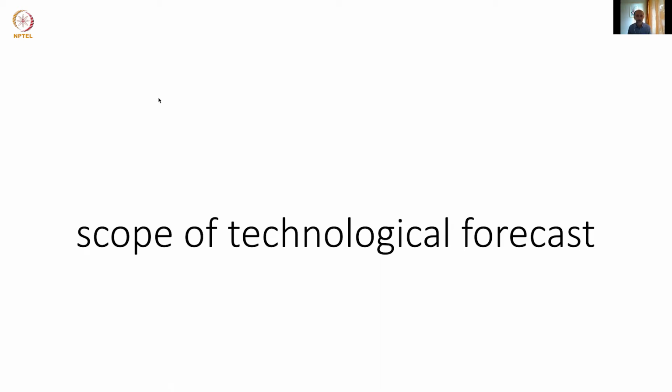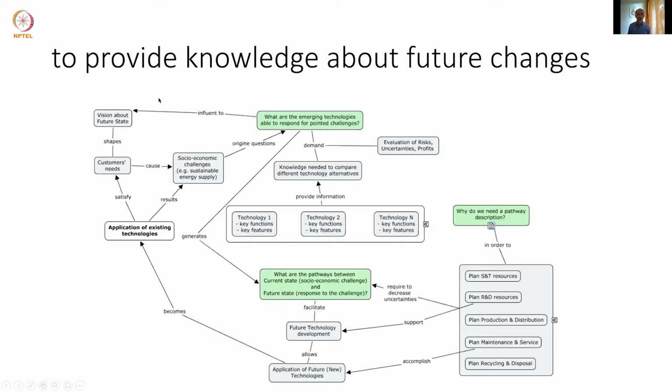But let us see in a bit more detail how we can provide knowledge about future changes, why we need to provide it, and why one technology is replaced by another one.